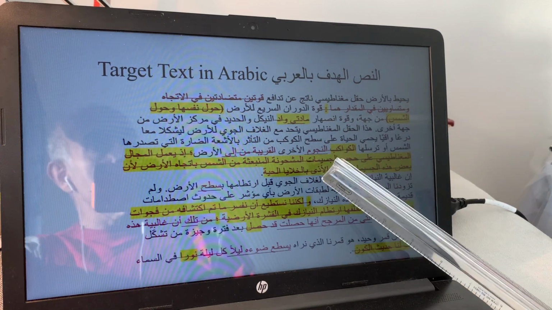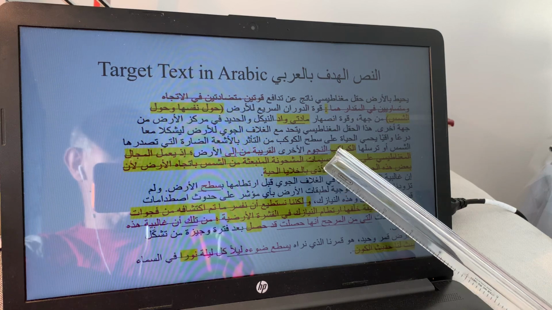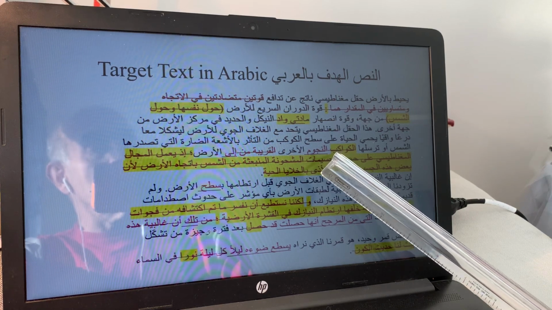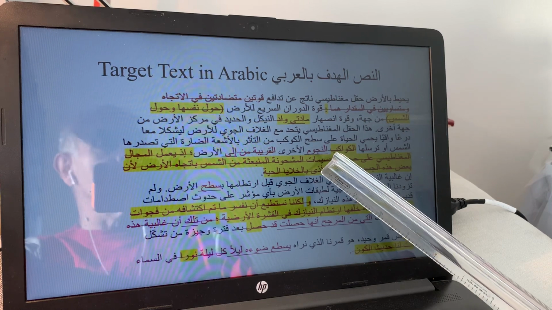So therefore, that is an error which is unjustifiable, which is unnecessary and not needed. So it needs to be removed definitely. This correction needs to be done.